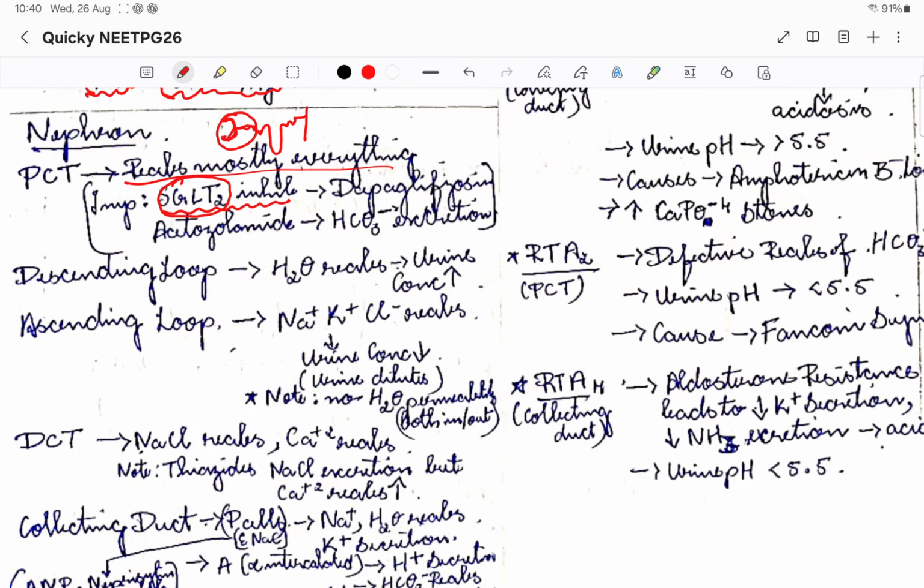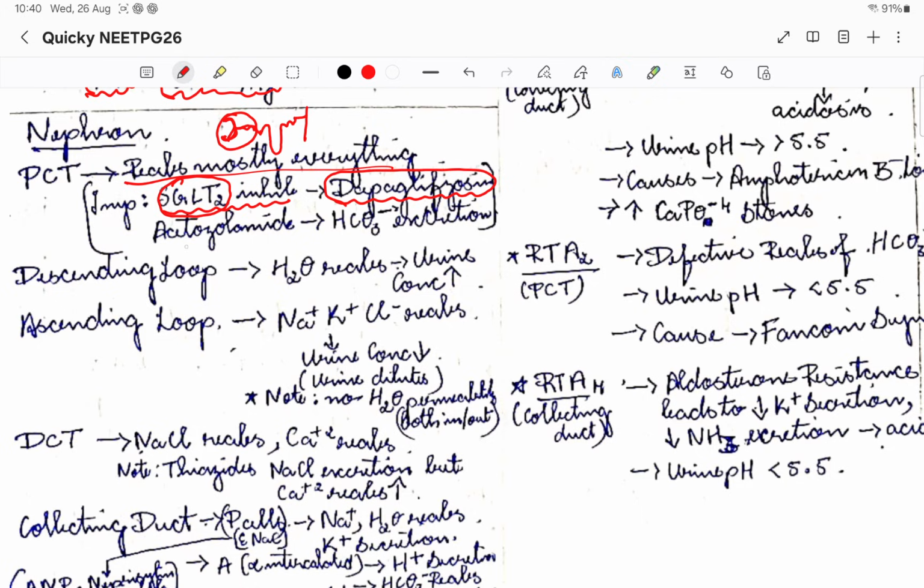Suppose all the urine has come to the lumen, this is what reabsorbs everything. If we want to let go of all the glucose, we use an inhibitor: dapagliflozin and empagliflozin. So in diabetic patients, this is the target of SGLT2 inhibitors.